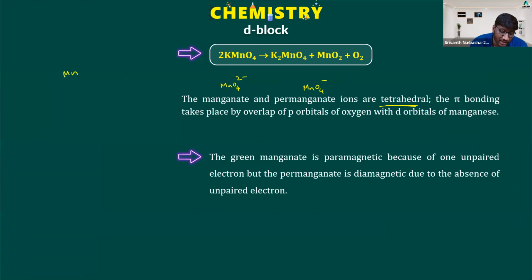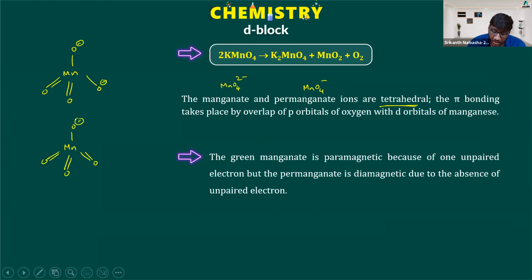Manganese is connected to oxygens: double bond O, O minus, O minus. This is your MnO4 2 minus. MnO4 minus is Mn double bond O, with O minus.